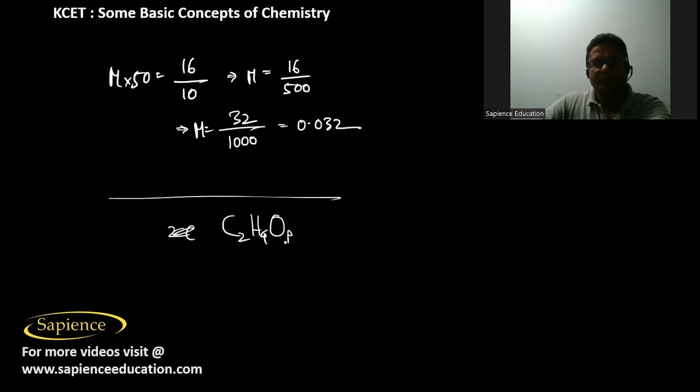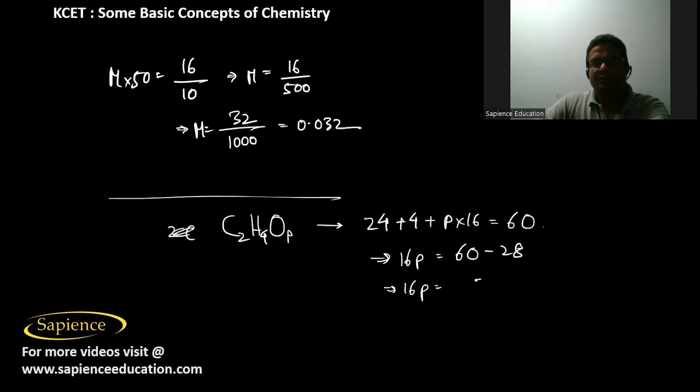We have to find out the number of oxygen atoms. Here the molar mass will come as 12 twos are 24 plus 4 plus P into 16, and that should be equal to 60. Now from here we can find out P. So 16P is equal to 60 minus 28, so 16P is equal to 32.